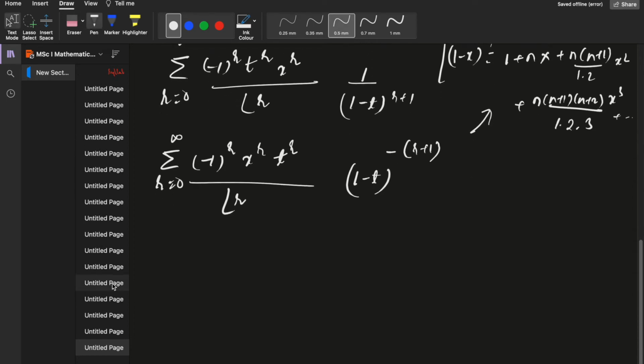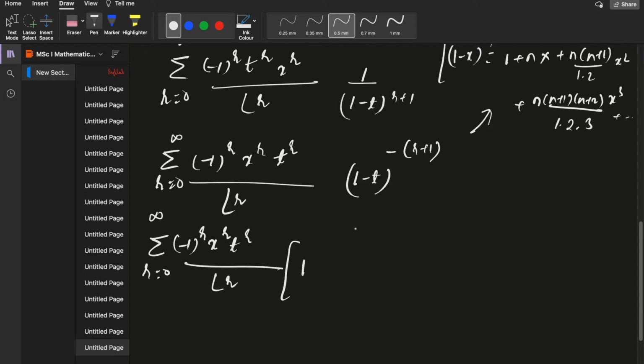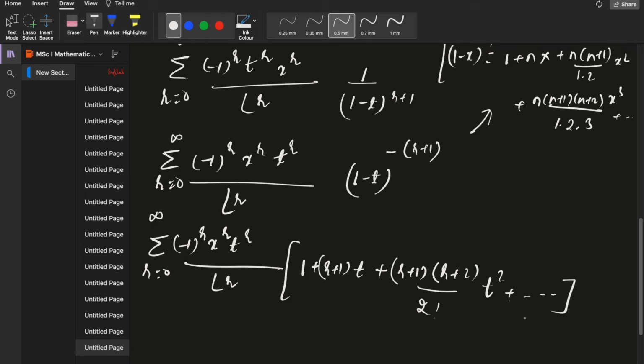So here n is r plus 1 and x is t: 1 plus r plus 1 times t plus r plus 1 into r plus 2 upon factorial 2 t to the power 2, and so on.